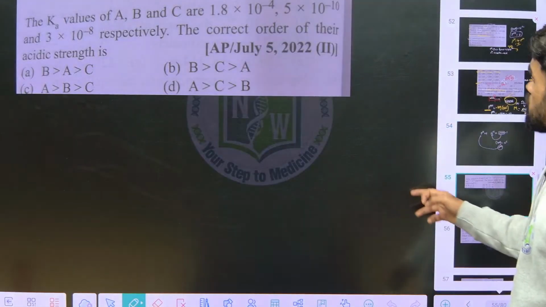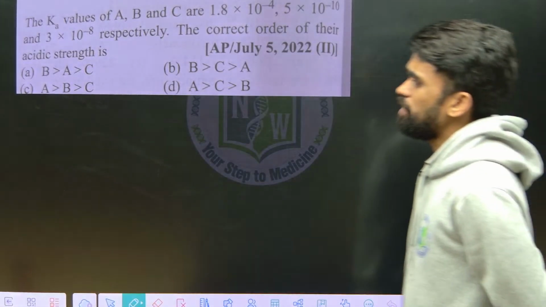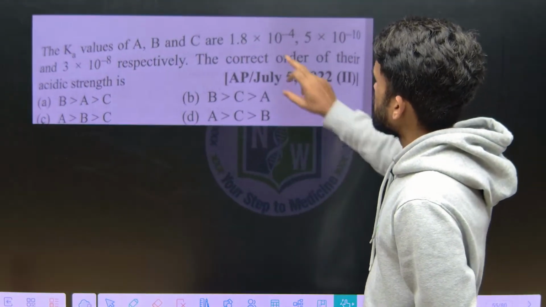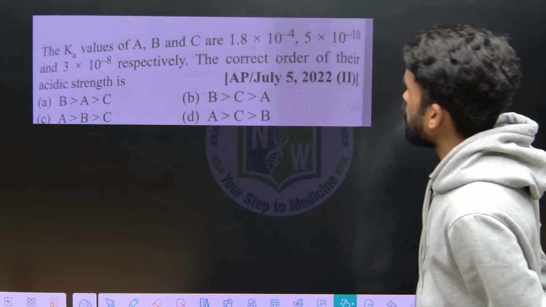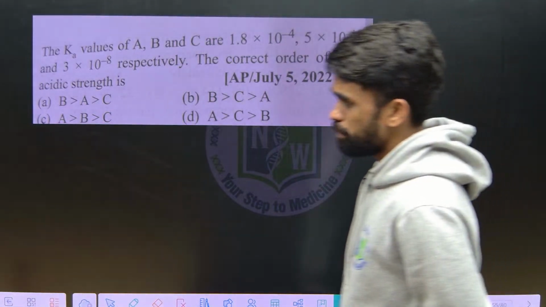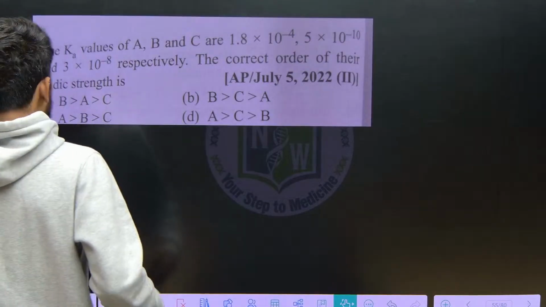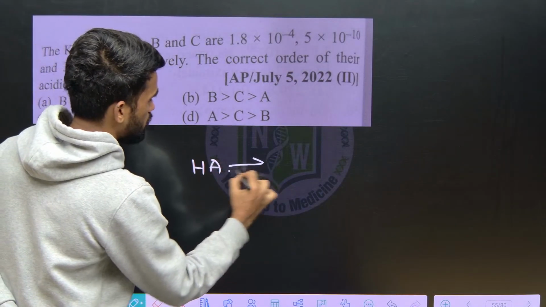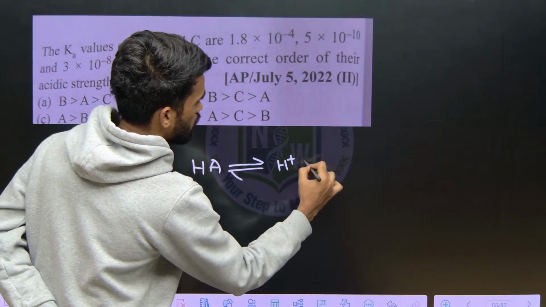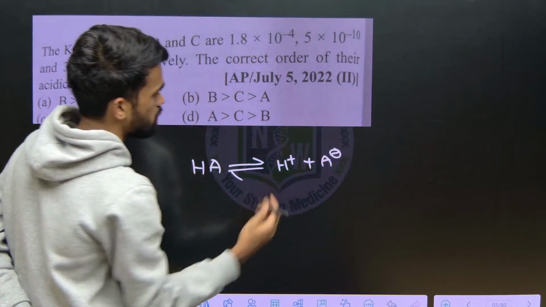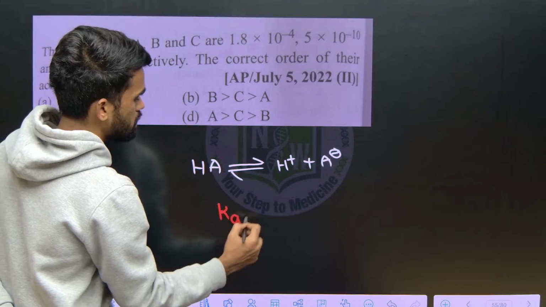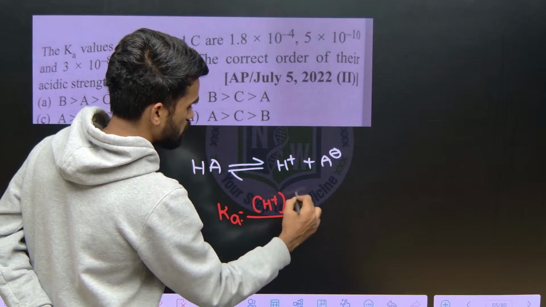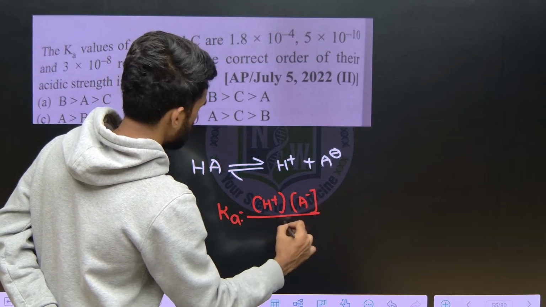Now look at these. The Ka values of different acids A, B, C are mentioned like this, respectively. What is the correct order of their acidic strength? See, if HA is a weak acid, it will dissociate into H plus and A minus. The acid dissociation constant Ka is directly proportional to the concentration of H plus ion and A minus ion divided by HA.